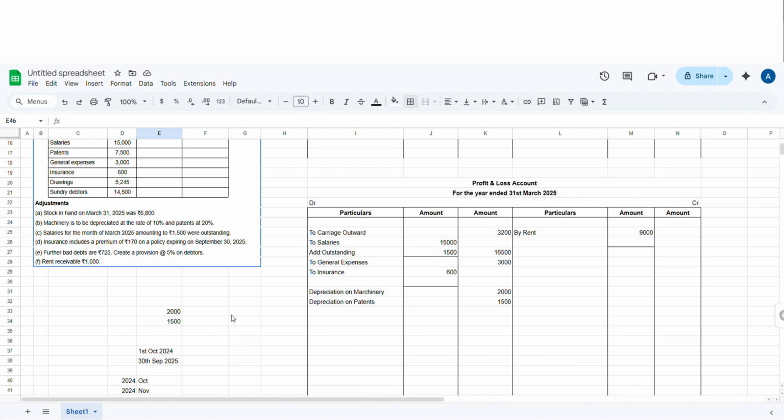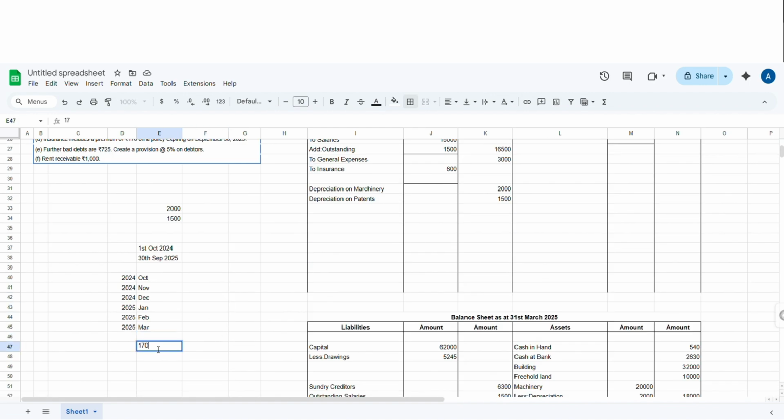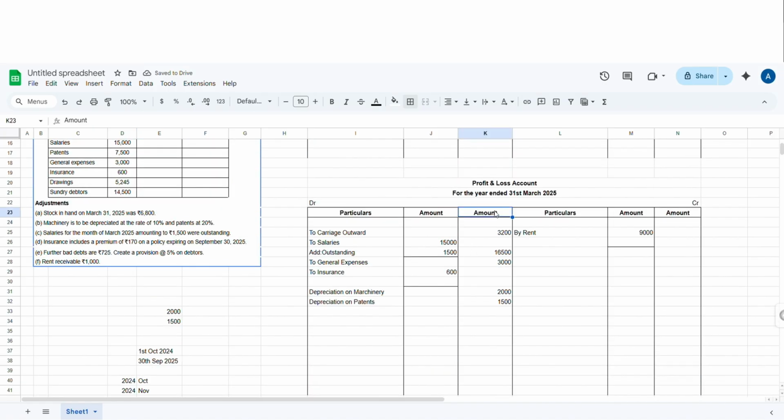So we have paid a total of 170. We have used it for 6 months and the total premium is for 12 months. So only 85 we have to charge for the year ending 31st March. So prepaid insurance, we have to deduct only 85, because the total insurance amount was 170 and only 85 is related to this year.